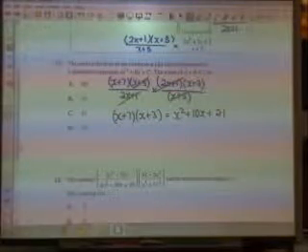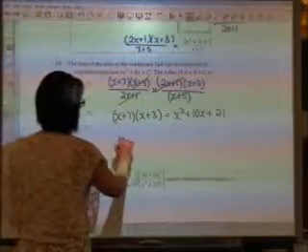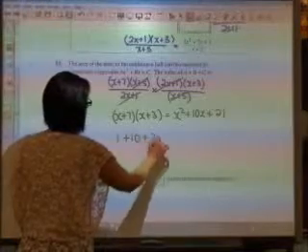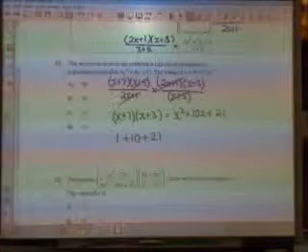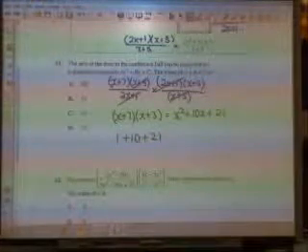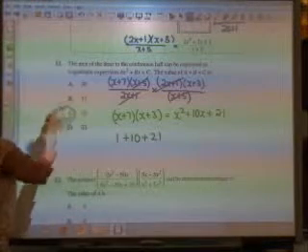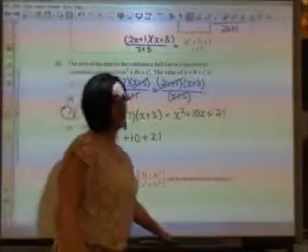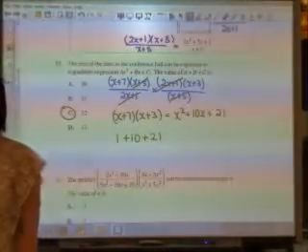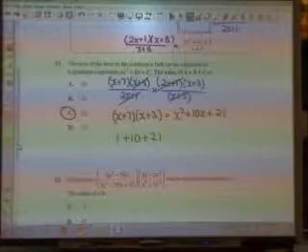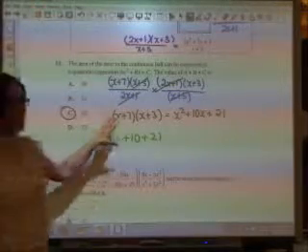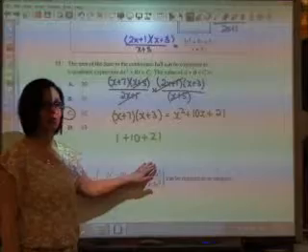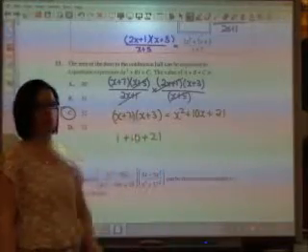So a plus b plus c would be 1 plus 10 plus 21, which would equal 32. Okay. So a question like this makes it very hard to use your calculator to try to do a guess and check to find the answer, because the only way really that you can do it is to follow algebra so that you can find out this a, b, and c value.